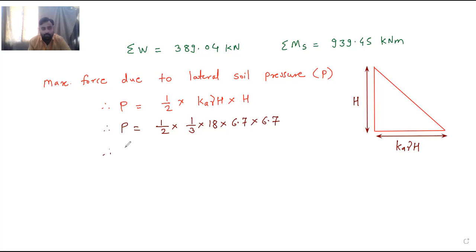Calculate the value of P and let me know the answer. What is the P?